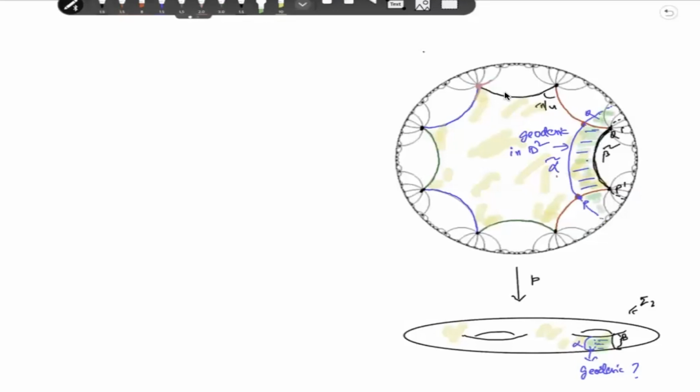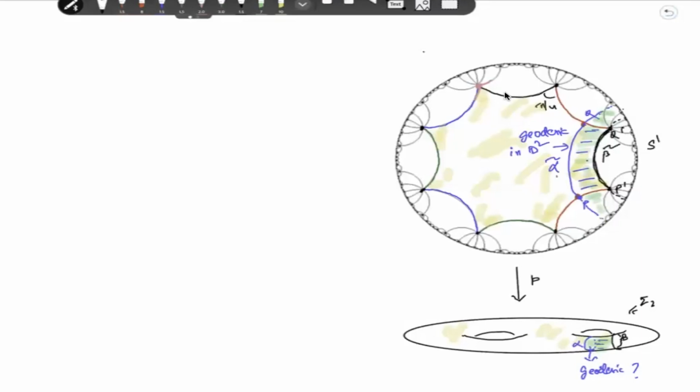It turns out that alpha tilde and beta tilde lie in a uniformly bounded neighborhood of each other, and they are bi-infinite geodesics. So in the boundary, that is the circle S1, they will meet at single points.